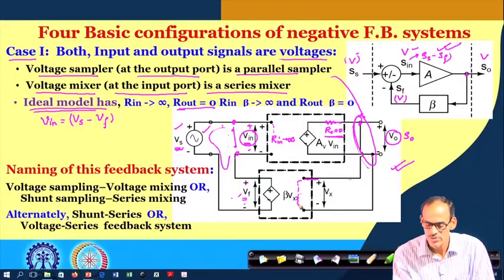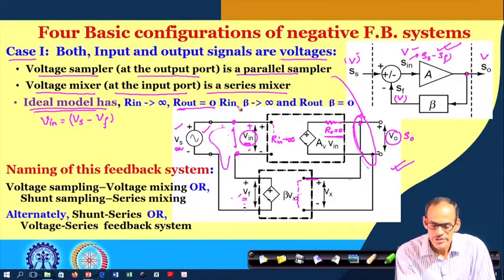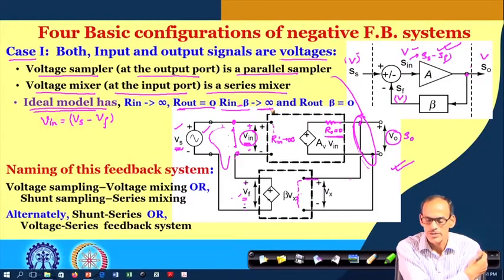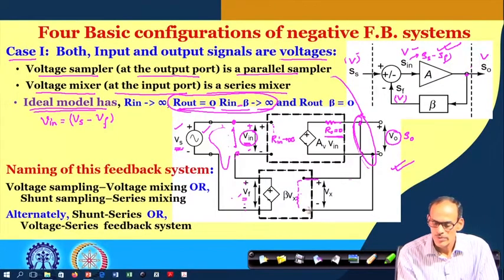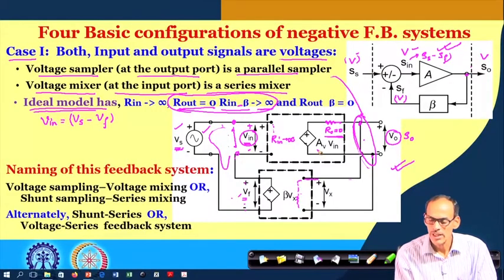And also here, the input resistance of this feedback network, in fact this is R in dashed beta. So, it is not R in beta, it is R in dash beta. So, this R in dashed beta, that means the input resistance of the feedback path, is also infinite. So, by this arrangement we said that the A remains A, we do not have to consider A dashed.